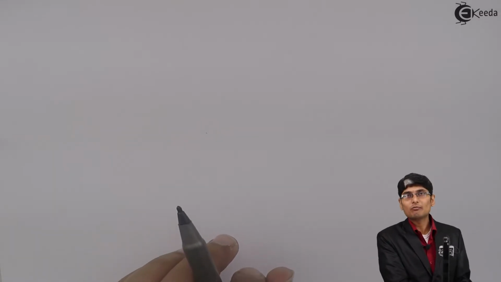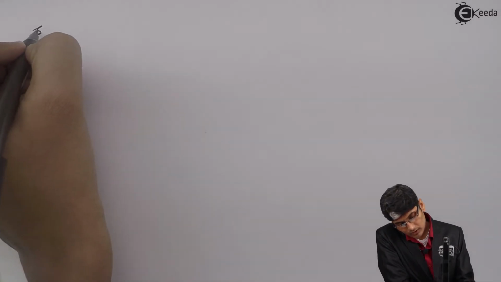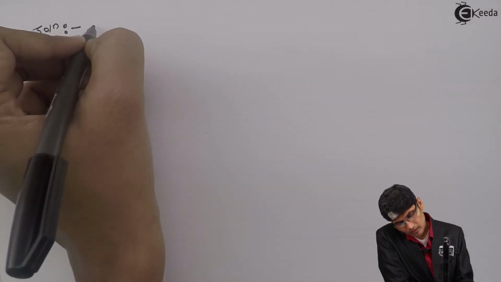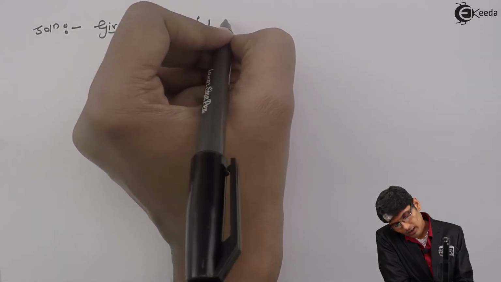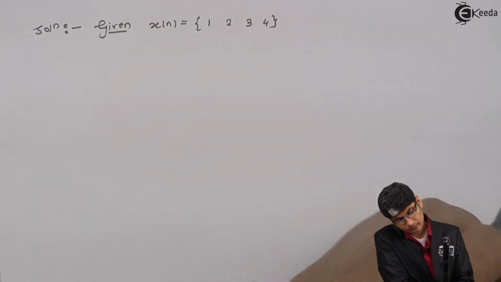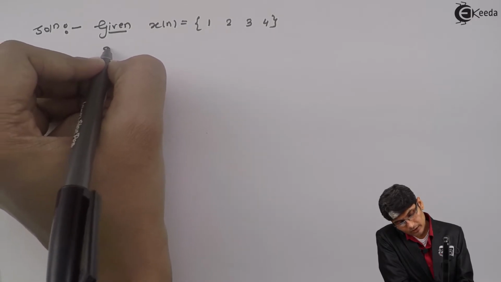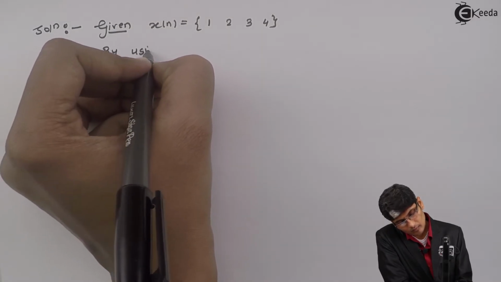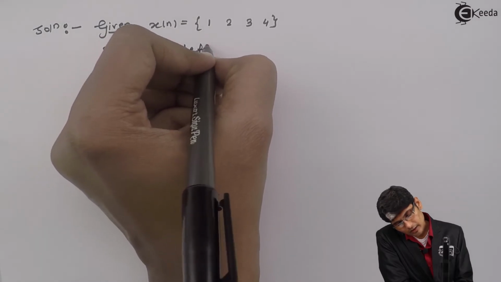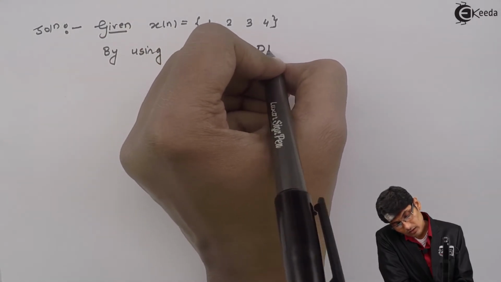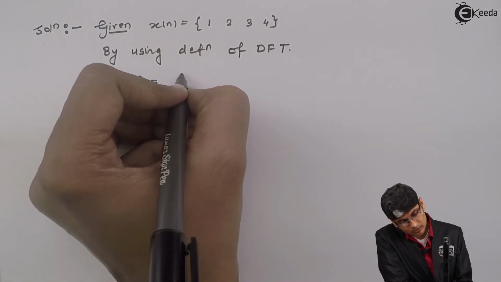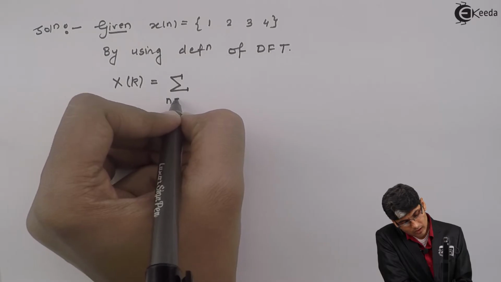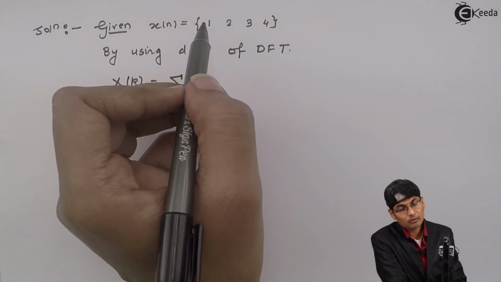So now they have mentioned that for the first time I can use the formula. So for the solution, given x of n is 1, 2, 3, 4, by using the definition of DFT, I will get x of k equals summation n going from 0 to N minus 1.